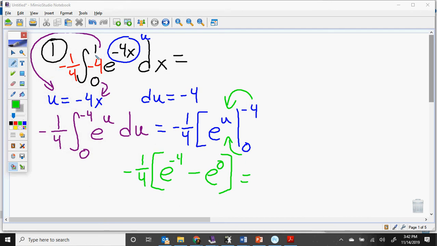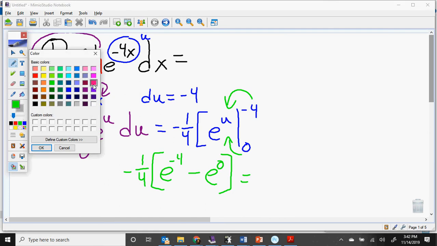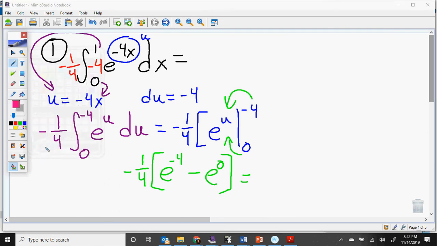I know a negative exponent means reciprocal, so that's going to be 1 over e to the 4th. Actually, sorry, I take that back. I'm just looking at my answer choices, and I realize all my answer choices leave it just e to the negative 4, so we don't even have to bother. I can leave it e to the negative 4, just because all my answer choices do. Anything to the 0 power is 1.